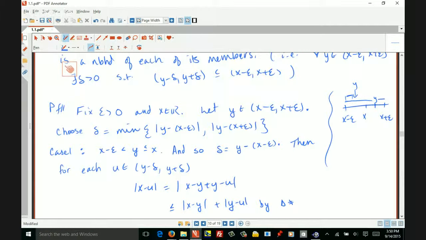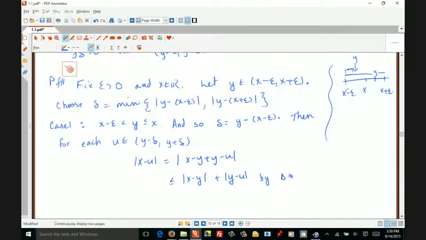But y minus u, I now want to look and see about plugging in for my delta. The y minus u has to be less than delta because u is inside that neighborhood, right? So that's less than x minus y plus delta.